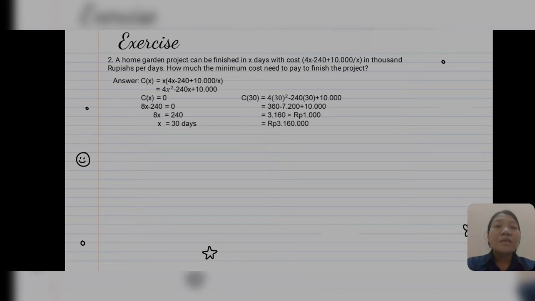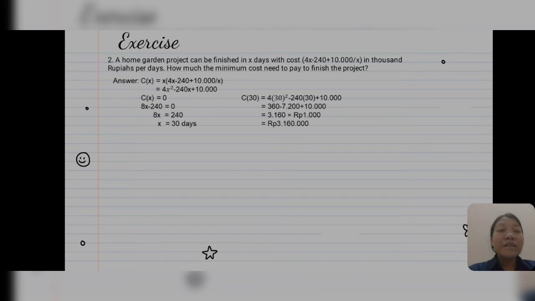So we derivative it, the 4x squared minus 240x. So we got 8x minus 240 equal to 0. And we got the x is 30 days.